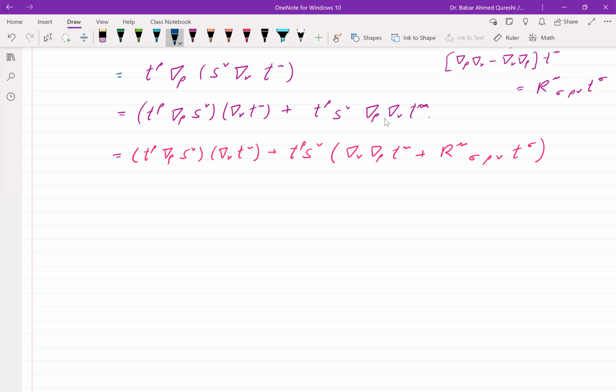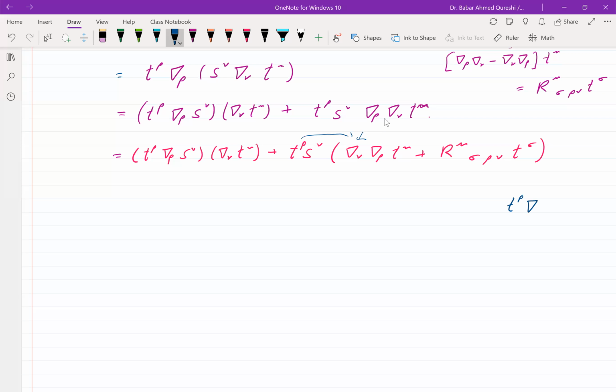So I want to bring this derivative, which is acting over here, out somehow so that I can cancel some things. And I want to include it in this T, because I'm going to use the fact that these are parallel, these are geodesics, so that this equation is satisfied.